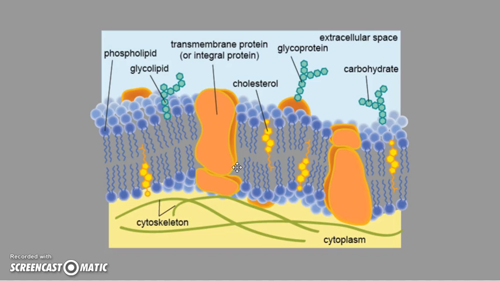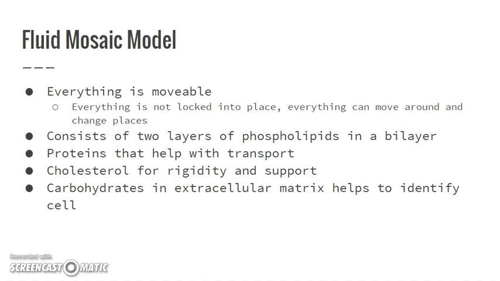And we have some carbohydrates over here, which are going to be kind of like flags saying, hey, I'm a bone cell, hey, I'm a plant cell, hey, I'm a skin cell, so that we know exactly what kind of cell we're dealing with, because when cells talk to each other, they need to know what each other is. So when we talk about the plasma membrane, we talk about the fluid mosaic model.